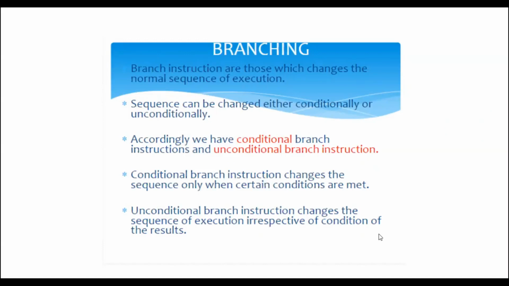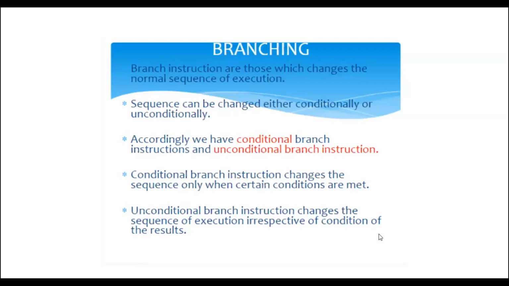The three types of branching instructions are jump, call, and return. Jump: unconditional and conditional. Call: unconditional and conditional. Whereas return: unconditional and conditional. The jump instruction transfers the program sequence to the memory address given in the operand, based on the specified flag.